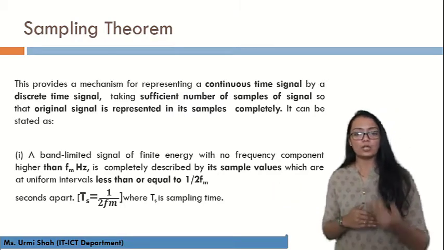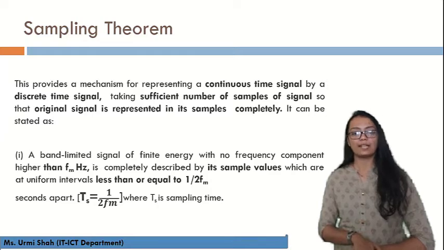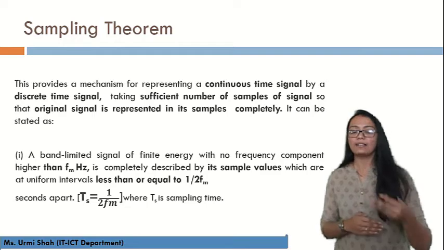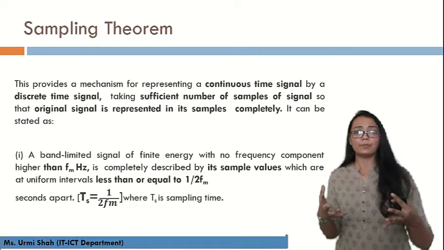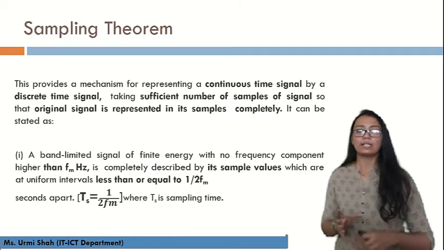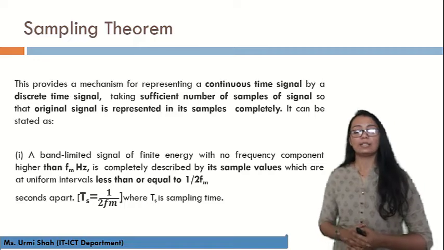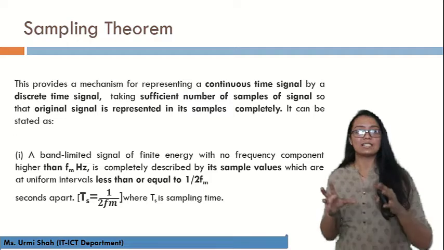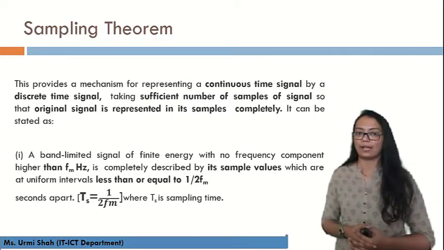It can be stated as: a band limited signal of finite energy, with no frequency component higher than the message signal frequency fm Hertz, is completely described by the sampled values taken at uniform time intervals, and that time interval is less than or equal to 1 by 2fm. That is the actual bandwidth.